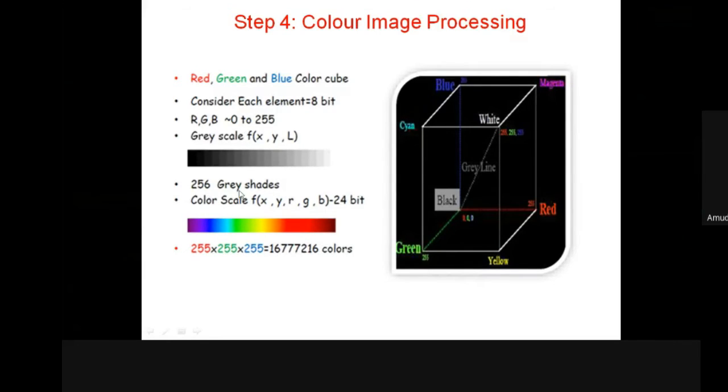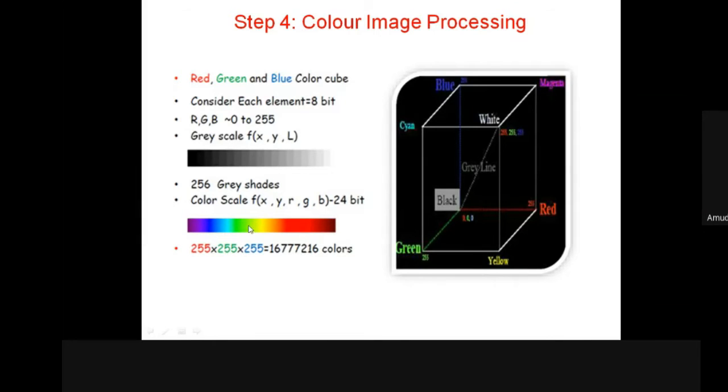If we look at the color cube here, we can see the three primary colors: red, blue, and green, at three of the corners. If we mix blue and green, we get cyan. If we mix blue and red, we get magenta. Green and red give yellow. These are the secondary colors. The other two corners are black and white.